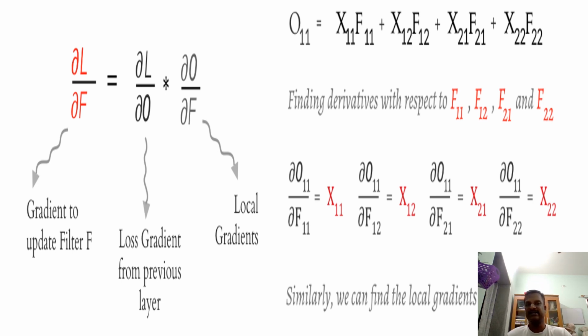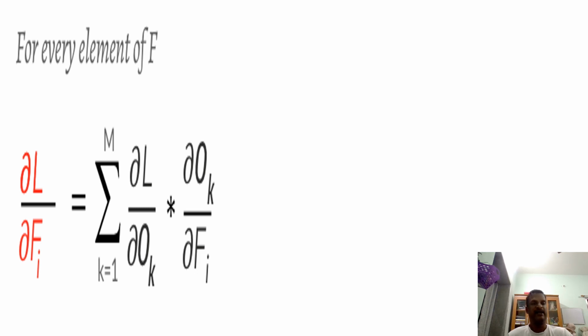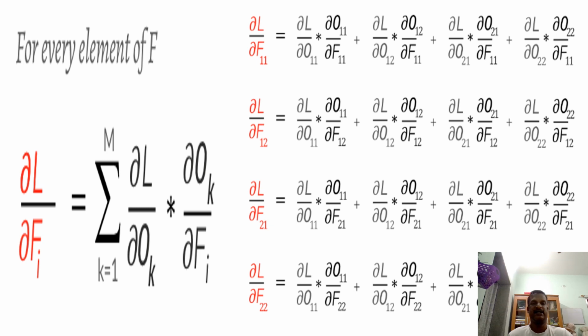So for getting single value you need to derive with respect to 4 filter parameters and it is very easy, which is nothing but x11, x12, x21 and x22. So for every element of F, generalizing, you can find that this is the expression. So dou L by dou F11, dou F12, dou F21, dou F22.